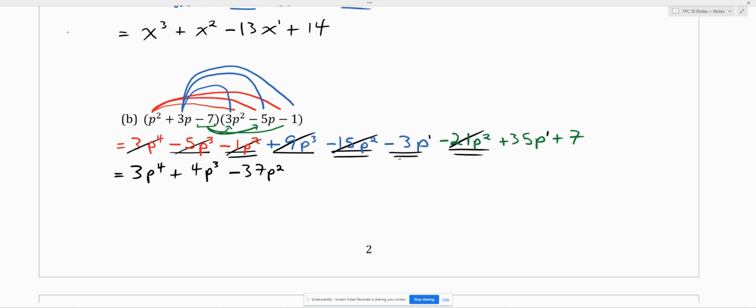And I have my final pair of like terms, which is negative 3p plus 35p, which is going to give me plus 32p to the 1. And cross them off. I have my only term left. That's why we cross things off: plus 7. And there's the biggest one I'm ever going to give you: we end up with a 5-term polynomial.